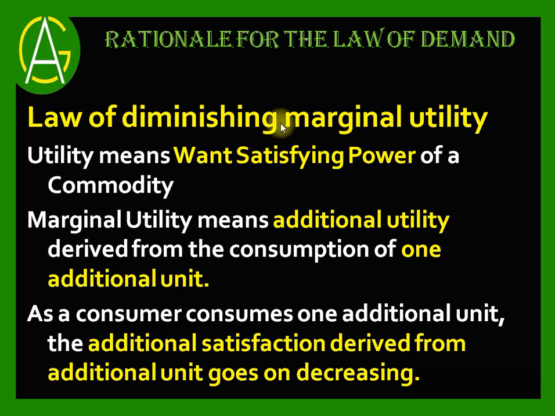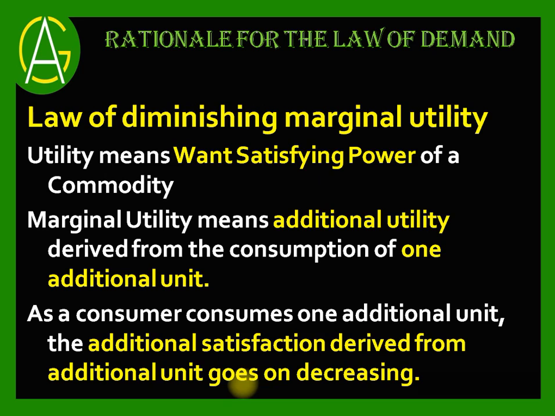Now diminishing marginal utility. As a consumer consumes one additional unit, the additional satisfaction derived from the additional unit goes on decreasing. As you consume one additional unit, every additional unit will give you lesser satisfaction.